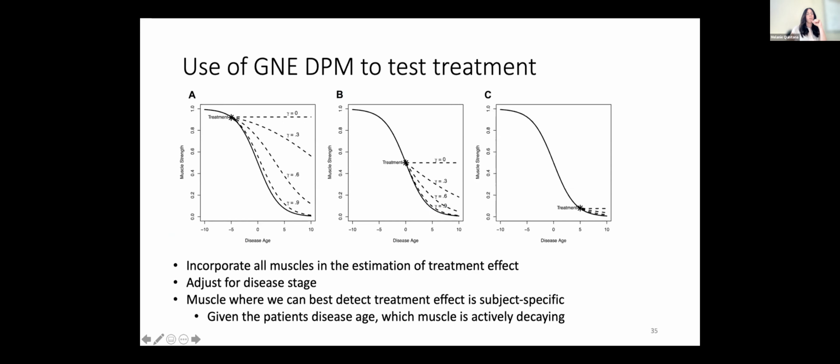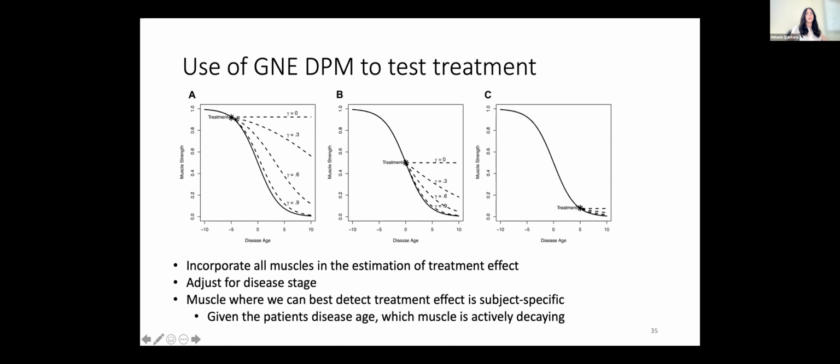And it also would depend on where you currently are in that muscle group. So for instance, if you're given a treatment and you look just at dorsiflex, and dorsiflex is almost completely declined, then you don't expect to have much power to differentiate even a total cure from natural progression.